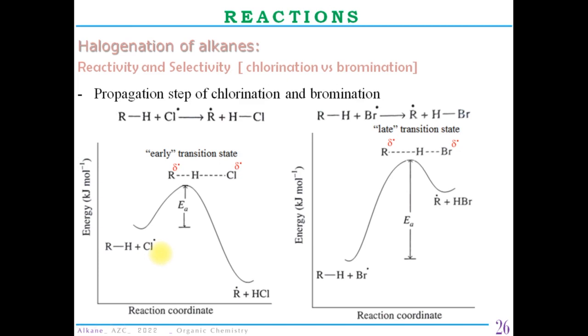The second thing is that it needs less time to reach the transition state or to convert into product. Chlorine cannot differentiate between abstracting a primary hydrogen, secondary hydrogen or tertiary hydrogen.